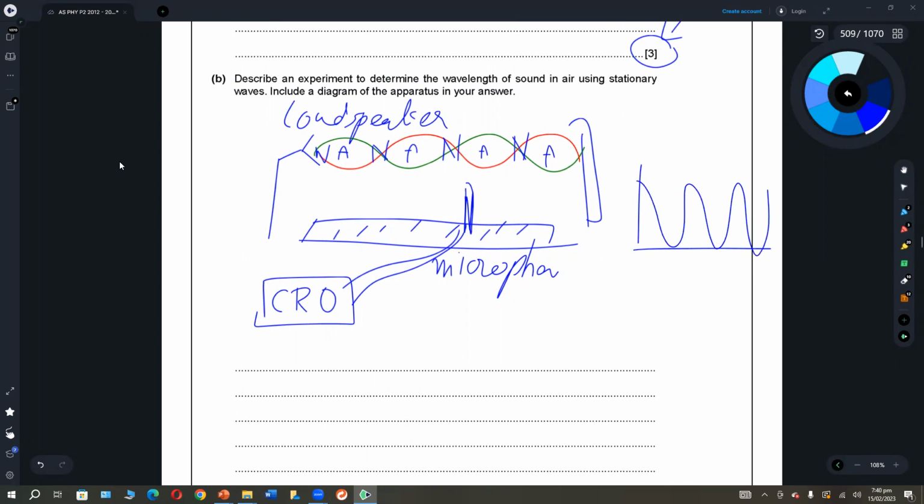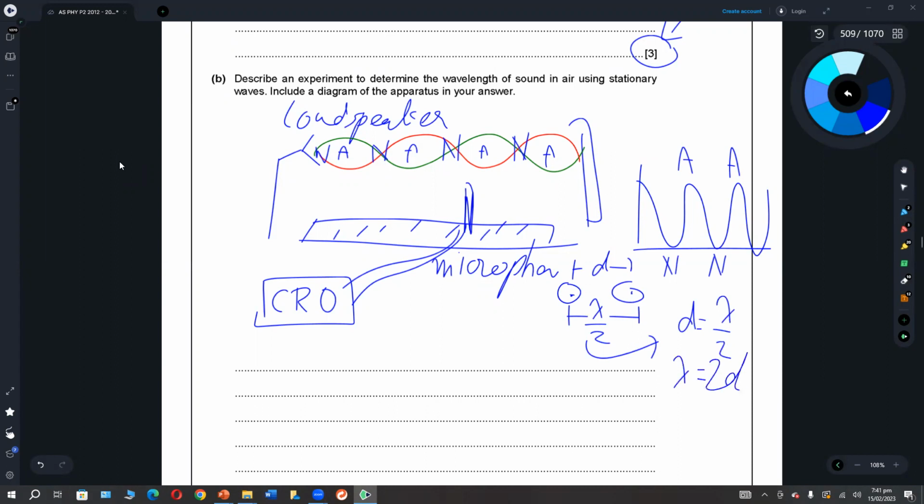The maximum displacement and the least displacement. Yes, you can see this one. This is the output from a CRO. Once you locate two successive nodes or two successive antinodes, the separation is lambda by 2. So if this distance is d, then d is equal to lambda upon 2, so lambda is equal to 2d.